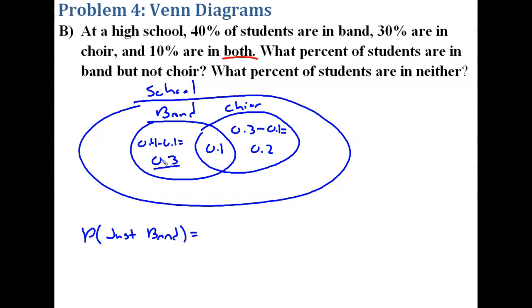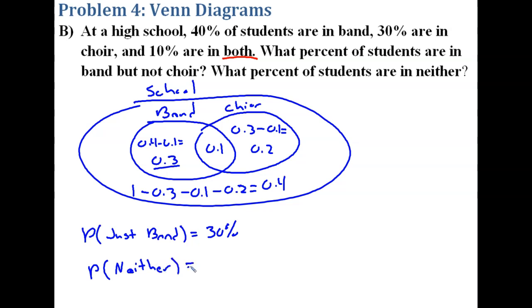That is this 0.3, so 30%. And for the second question, we want to know the neither part, what percentage of students aren't in anything. Again, for that, we'll take the whole school, the 1, minus the 0.3, minus the 0.1, minus the 0.2, so minus all those parts. And that leaves us with 0.4. So the probability of neither is equal to 40%.